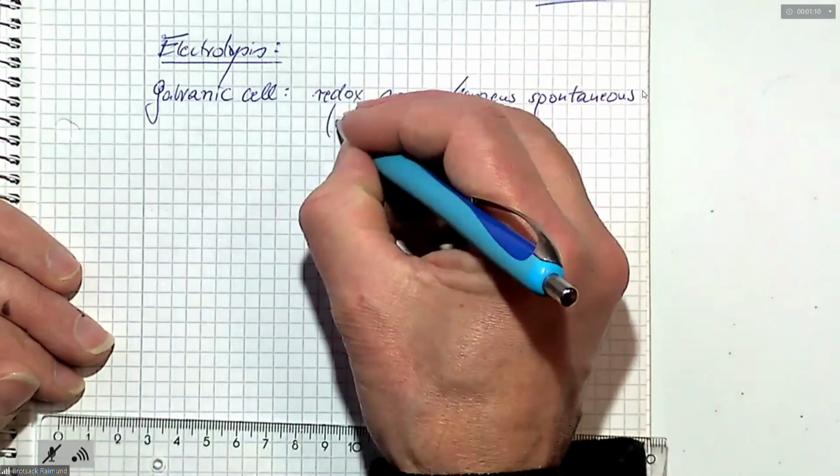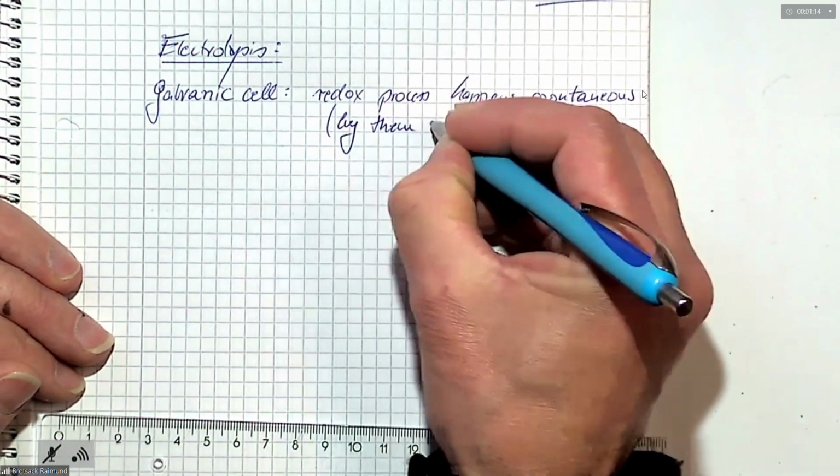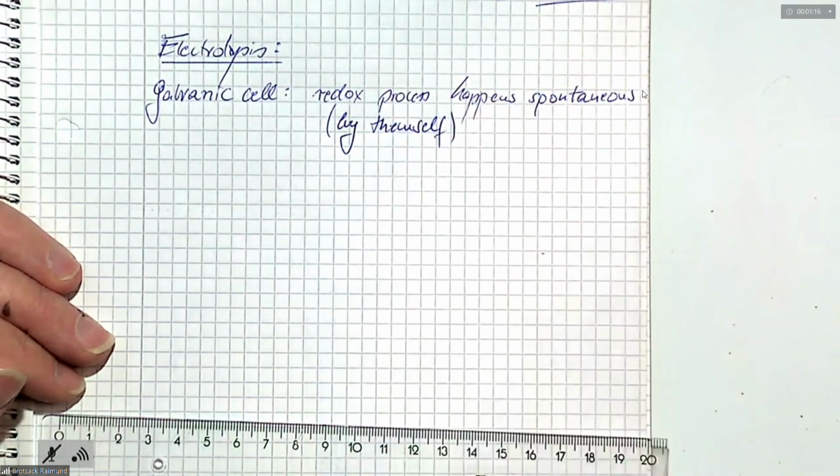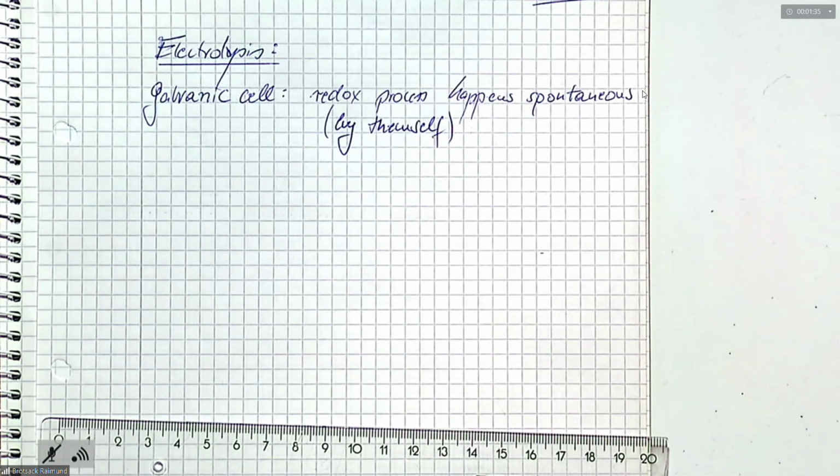That means by themselves, without adding energy, without pushing the process in any other direction. That is the way it works, and the reason for that is that the redox potentials are at a level where it works by itself.